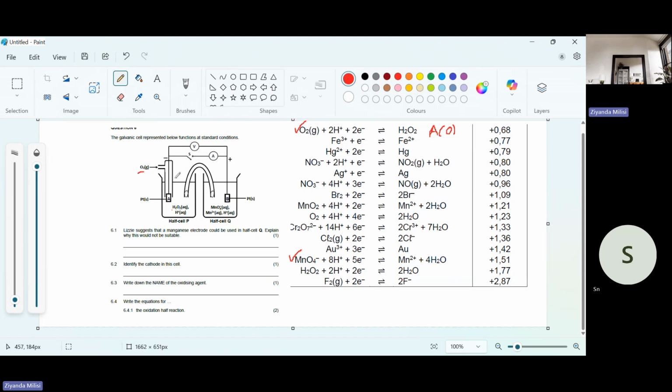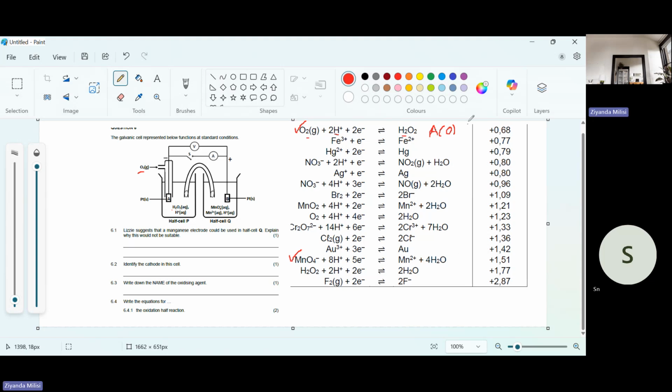So you look for a half reaction that has all these things, and it was this one. It has O2, H plus, and H2O2. Then the other half cell has MnO4 minus, Mn2 plus, and H plus. So you must look for a reaction that has these things. This is the reaction, okay?